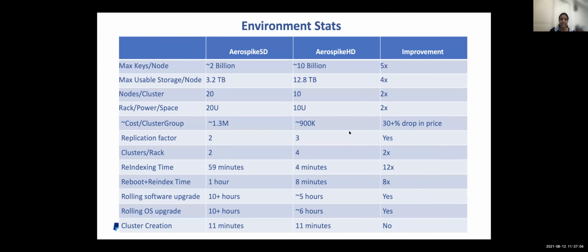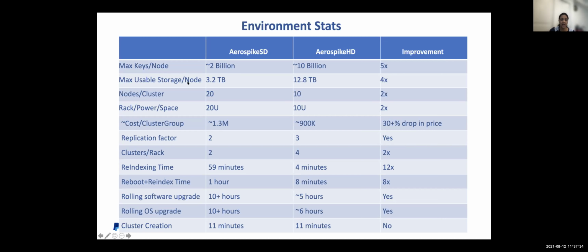In this slide, I'm sharing some stats apart from indexing, the benefits we are achieving using persistent memory. So far we have only focused on re-indexing, but that is not the only advantage. The main benefit we are getting is high density.